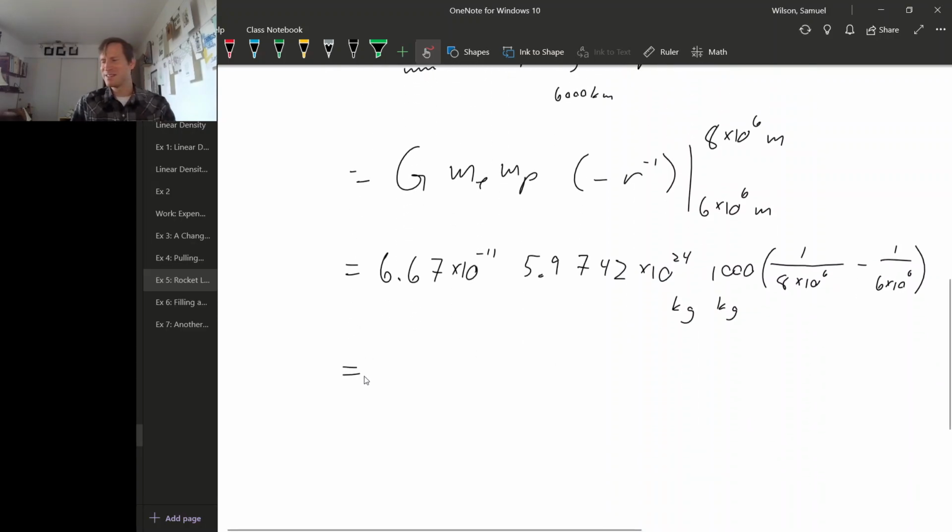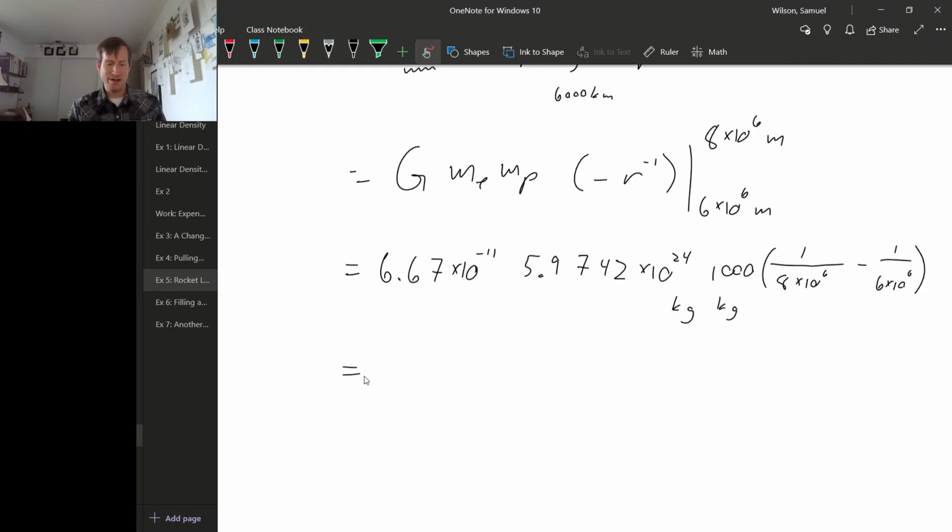And then we can dump all of this into a calculator. Actually, let me work from the parentheses. So 1 over 8 times 10 to the 6th minus 1 over 6 times 10 to the 6th.